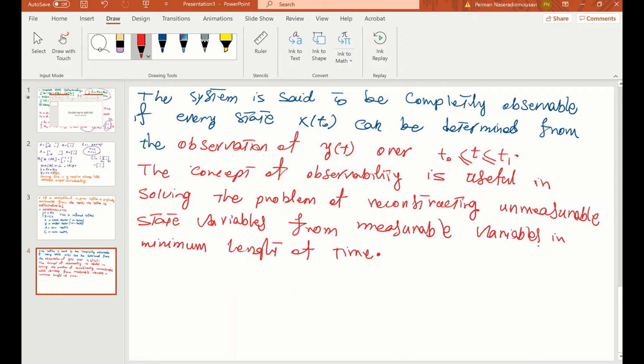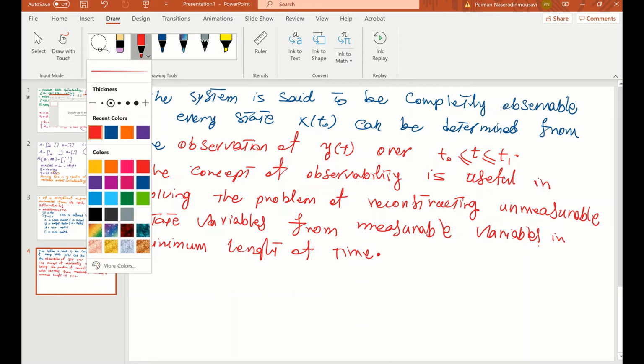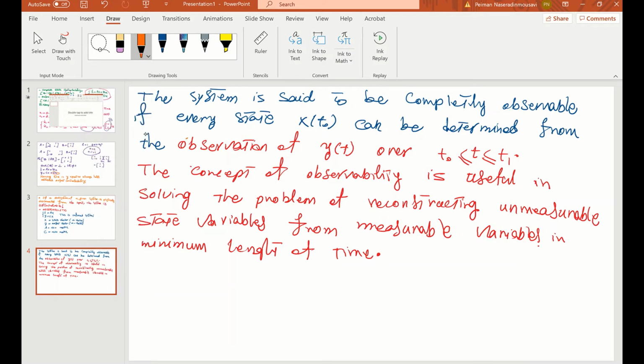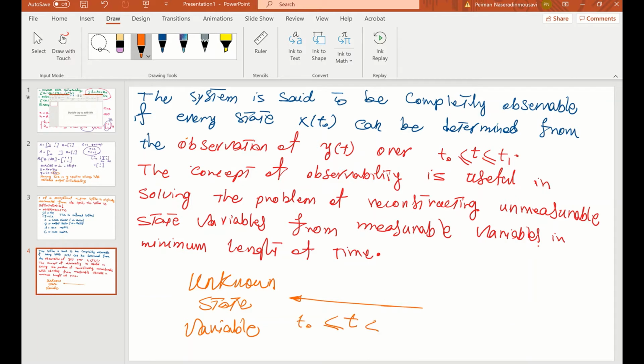Okay, so simply, observability helps us find unknown state variables in limited time between t0 and t1 from measurable variables.